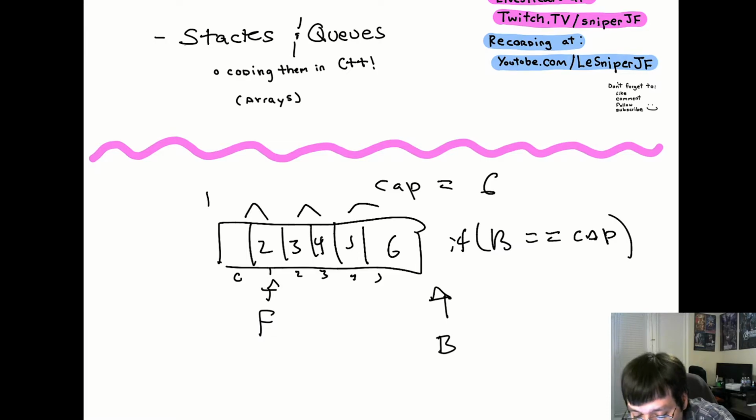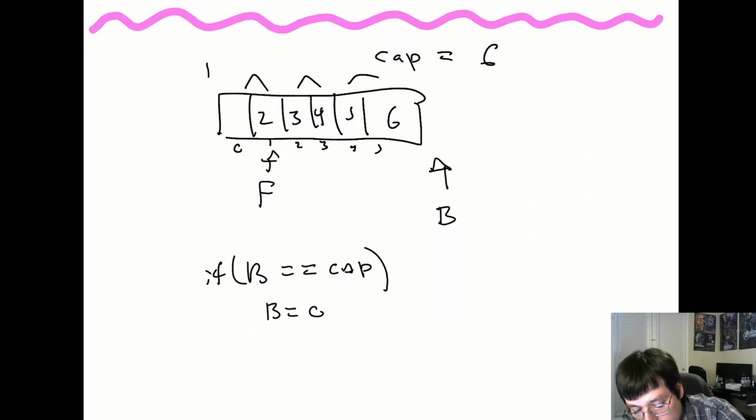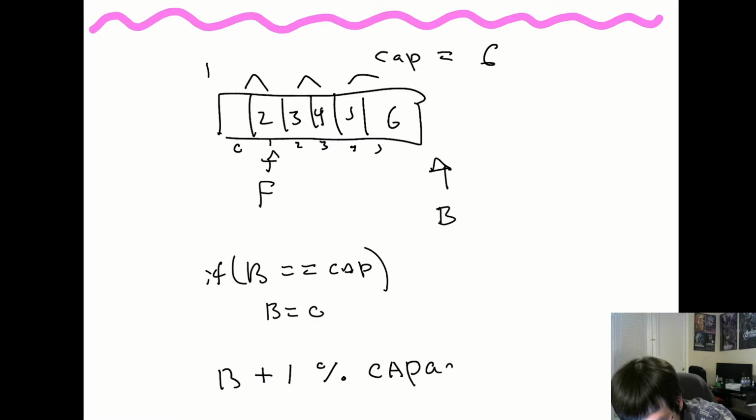Well, you don't have to use modulus. You could just set b to 0 here, and that would work. So this would work as is here. The alternative and cooler way with modulus is just to say b plus 1 mod capacity. That will do the same thing.